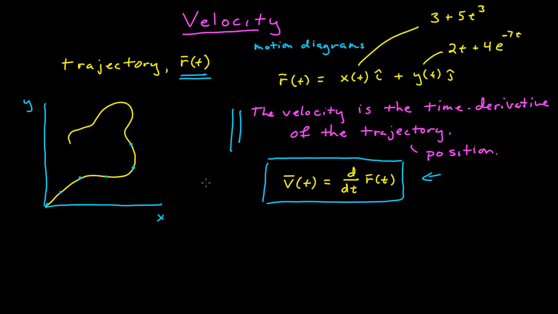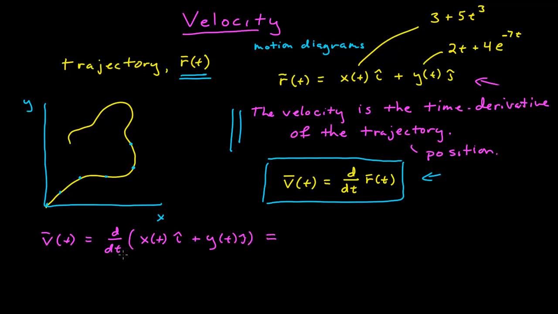So let's say we want to calculate this velocity for the position function we have up here. If I have some velocity function of time, it's going to be the time derivative of our position function of time, which is going to have an x component function of time, plus a y component function of time.